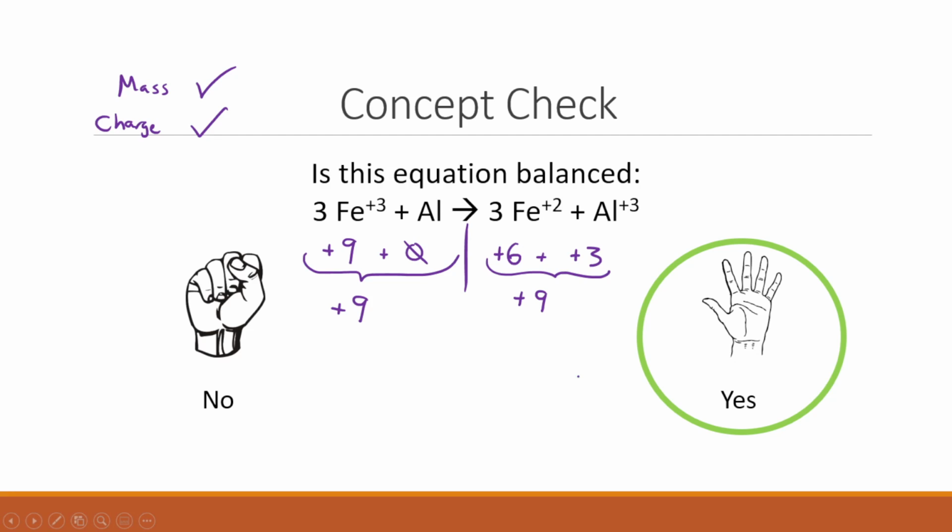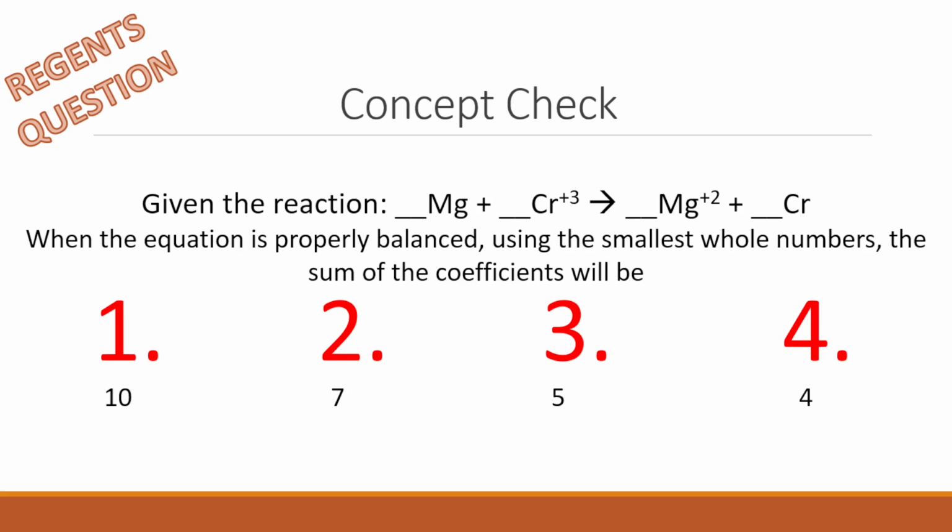Let's try a Regents version of this. Balance this equation, and then what is the sum of the coefficients?